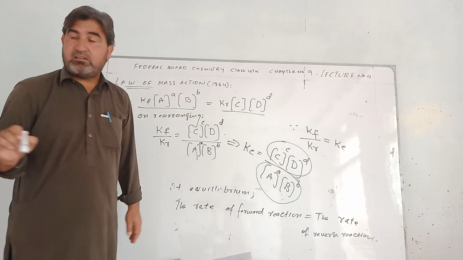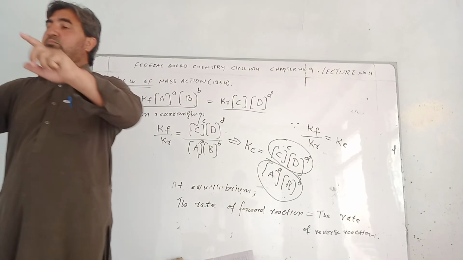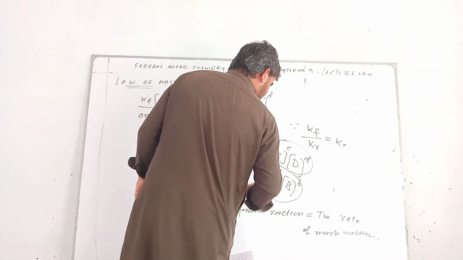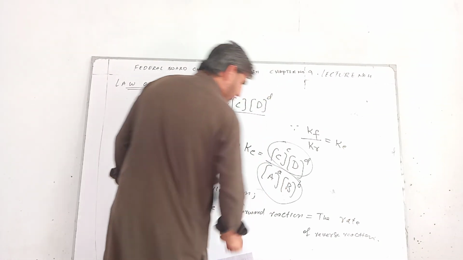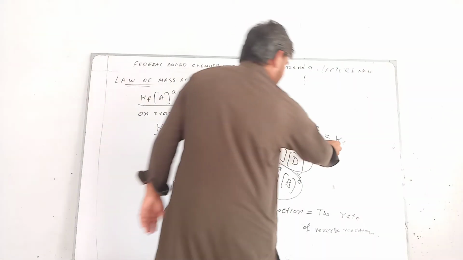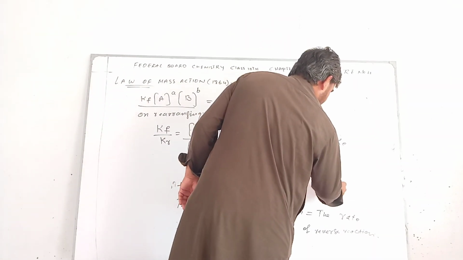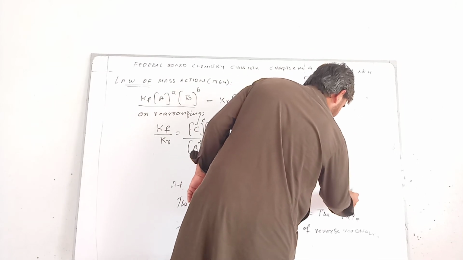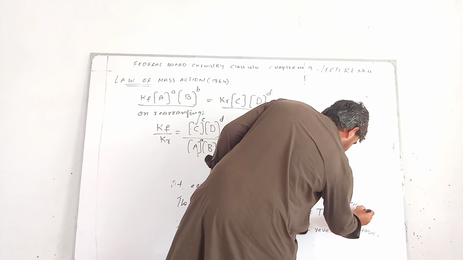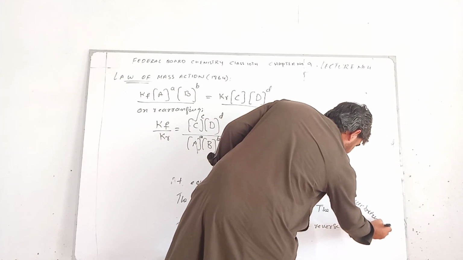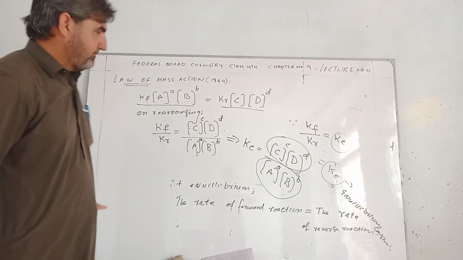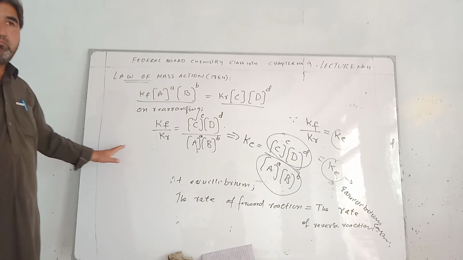Always remember that the concentration of the products is written in the numerator and the concentration of the reactants is written in the denominator. So what is Kc? Kc is the equilibrium constant.